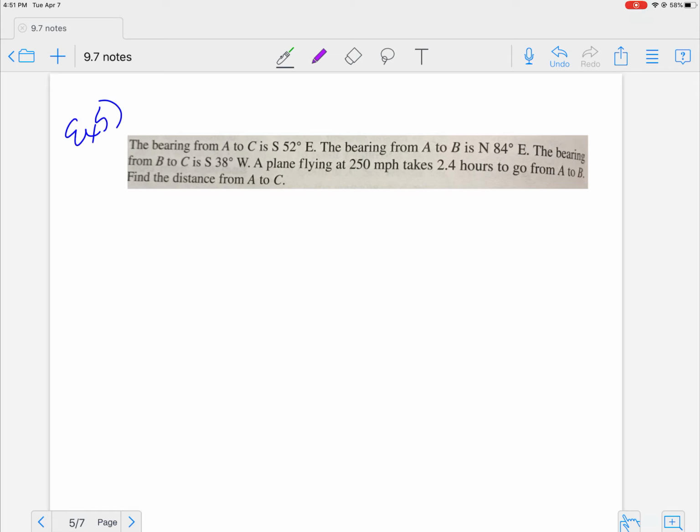Another way to do bearing is to look at it like southeast, northeast. So it points you in the direction you need to go. If it simply says bearing, then you're coming off of north. But if it gives you these other values, then that's how you're finding it. Okay, so let's look at this one. The bearing from A to C, so here I have A.